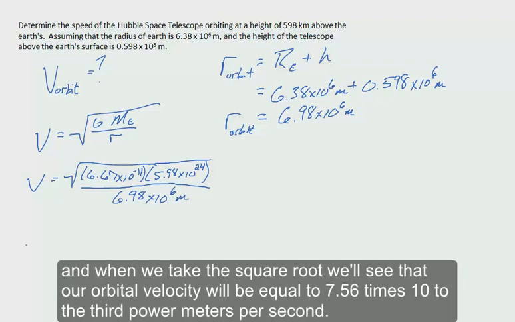And when we take the square root, we'll see that our orbital velocity will be equal to 7.56 times 10 to the third power meters per second.